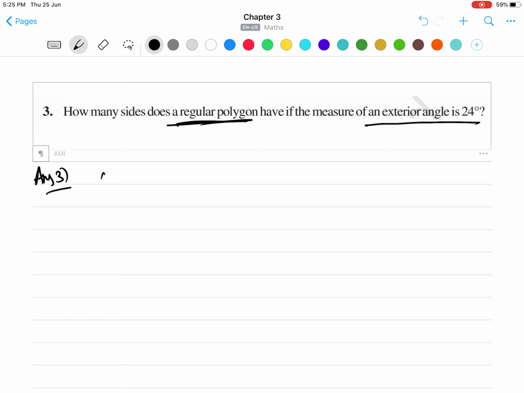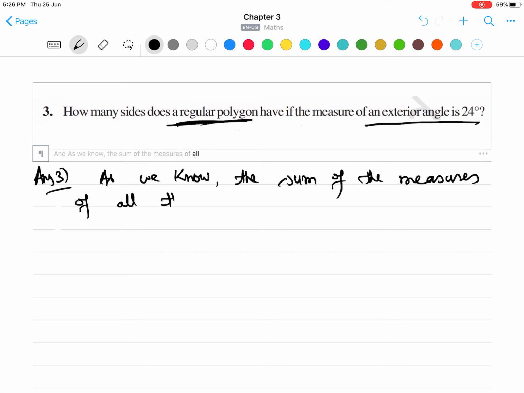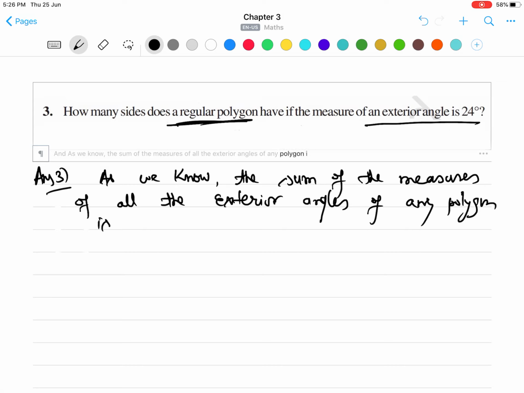Okay, so we'll write, as we know, the sum of the measures of all the exterior angles of any polygon is 360 degrees.